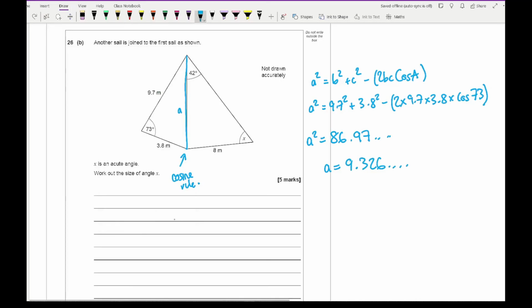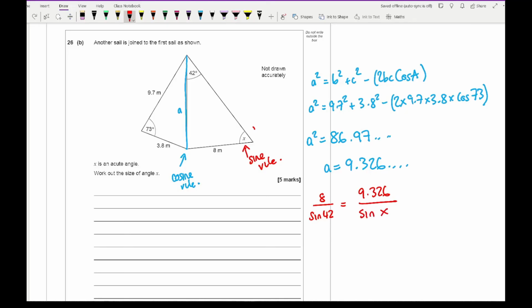Now, to then find out what x is, I now need to use the sine rule. To work using the sine rule, I need to do opposite sides. So here I've got that 8 over sine 42 is going to be equal to 9.326 over sine x.